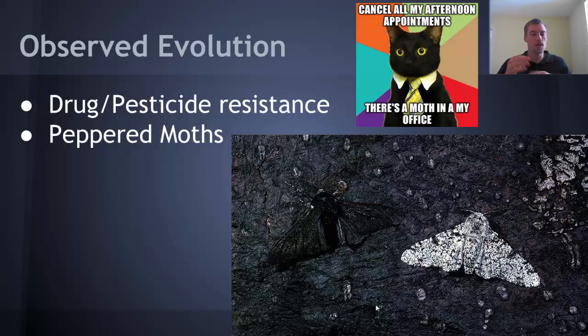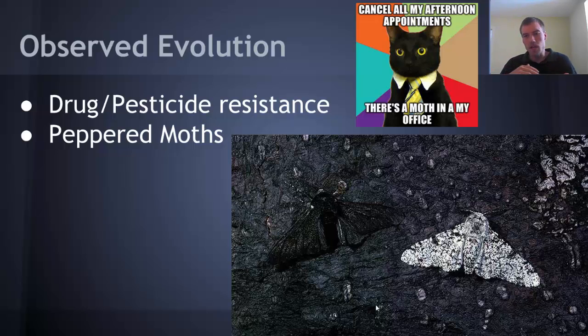So now the dark-colored moths are much more adapted, right? They're going to be able to hide on the bark much more easily. The light-colored moths are going to be picked off more, as you can see in this picture. It's much easier to see the light-colored one. And so the alleles shifted to favor the dark-colored moths, and you started to see many more dark-colored moths. After some clean air acts were passed where the amount of soot was reduced significantly, the lichen was able to grow on the bark again, the trees became lighter, and then the light-colored moths became more prevalent over time.